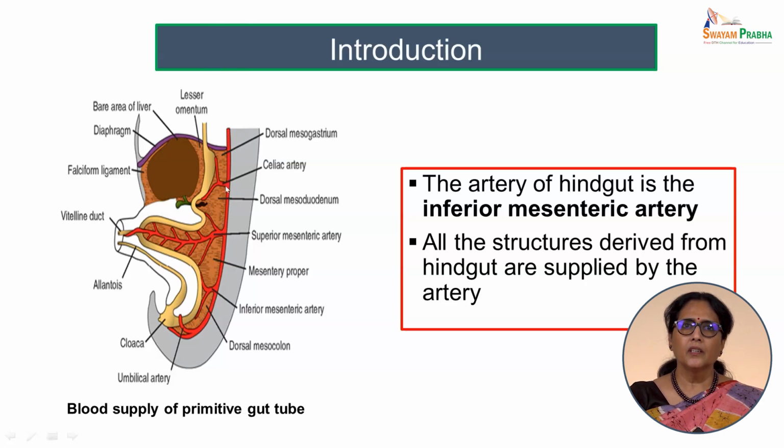Dorsal aorta gives rise to the celiac artery, which supplies the derivatives of foregut, superior mesenteric artery, which supplies the derivative of midgut, and inferior mesenteric artery, which is the artery of hindgut and supplies all the structures derived from the hindgut.